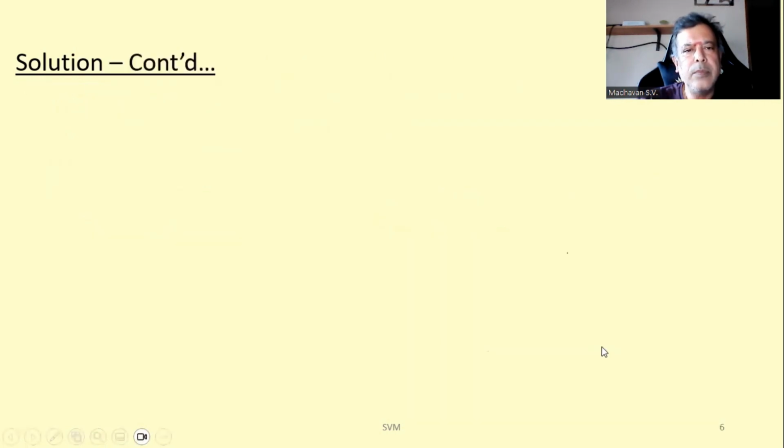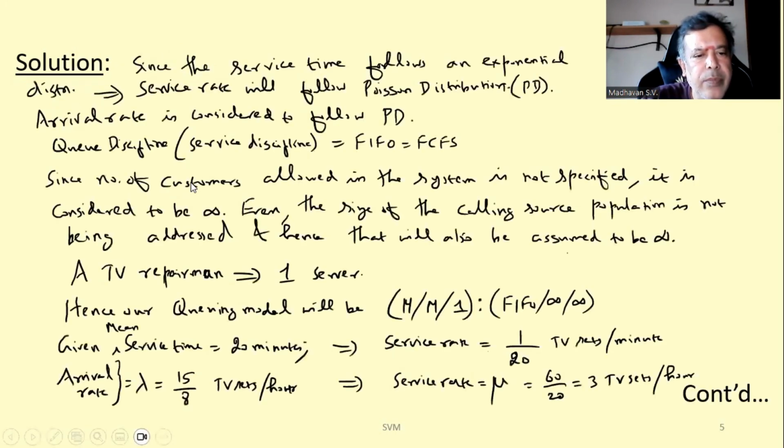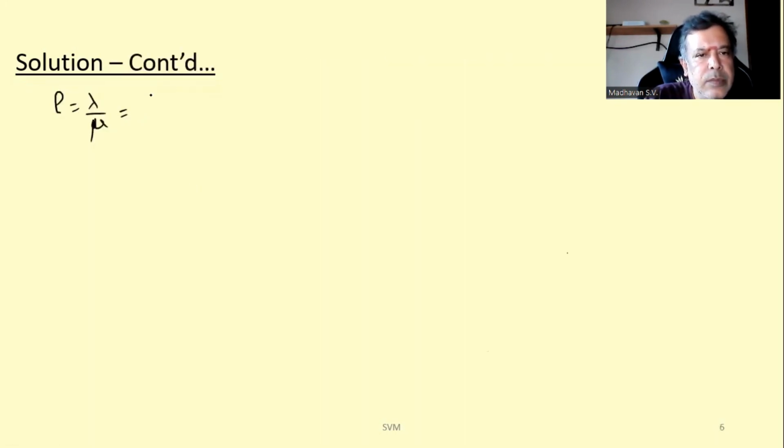Let us move on. So we will calculate now rho, which is nothing but lambda divided by mu. Lambda, just now we saw it is 15 by 8. So 15 divided by 8 divided by 3, and that will be 15 by 8 into 3, so that will give us 5 by 8.